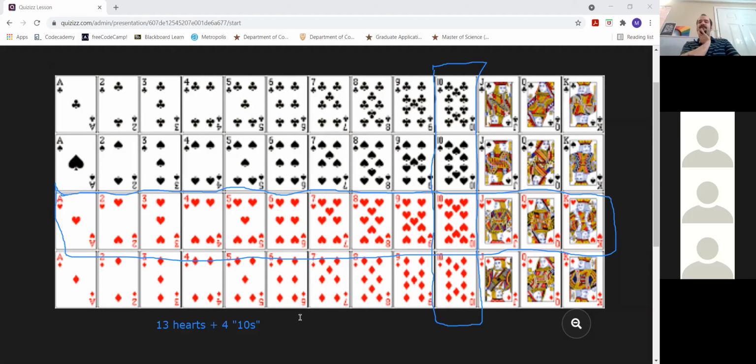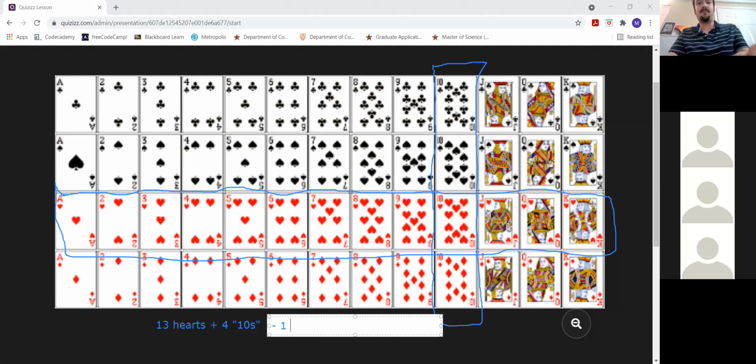How many cards do I have circled here? I do not have 17 circled. Count them up. 16. My bad. 16. Why is that? Because when I add this set and this set, I counted the 10 of hearts twice.